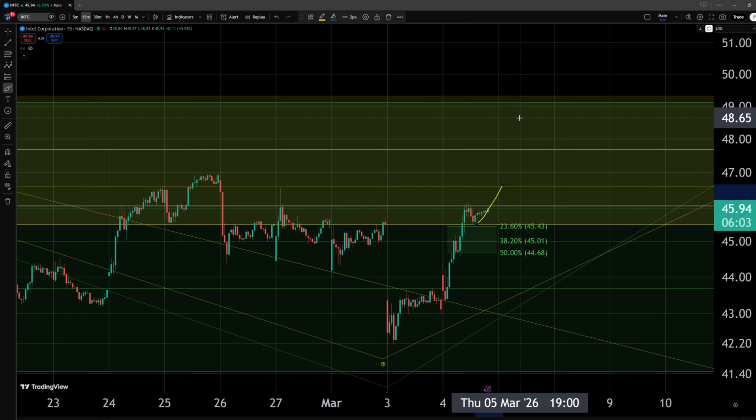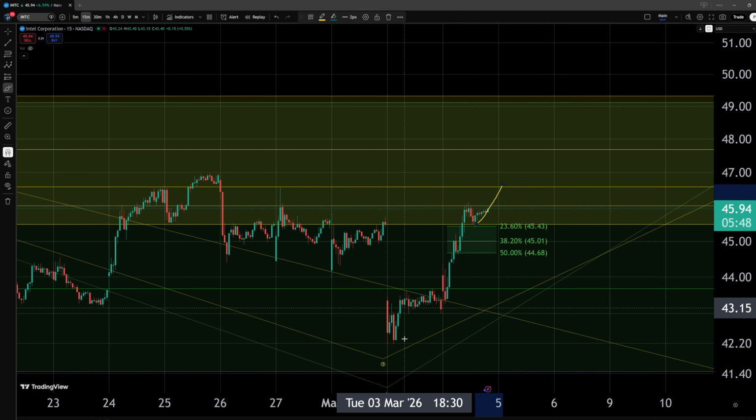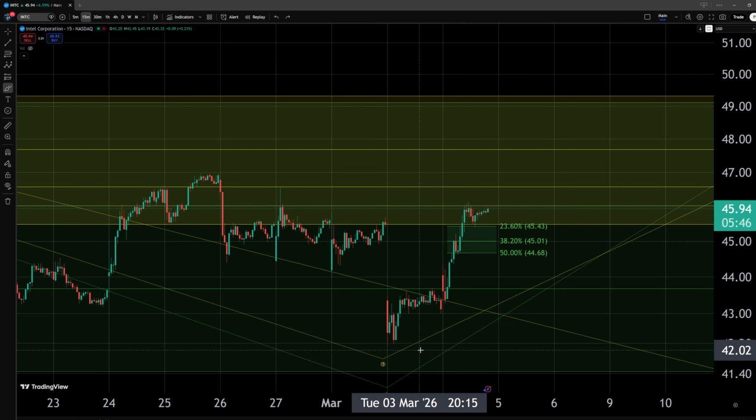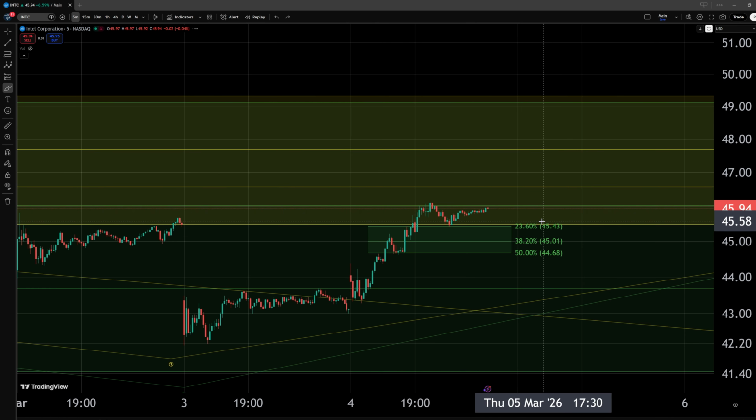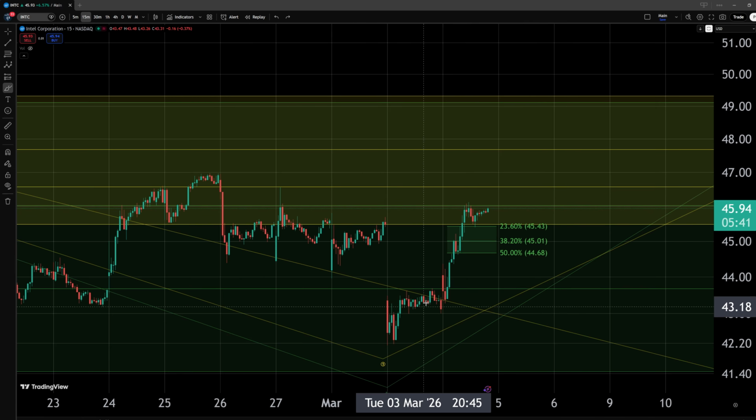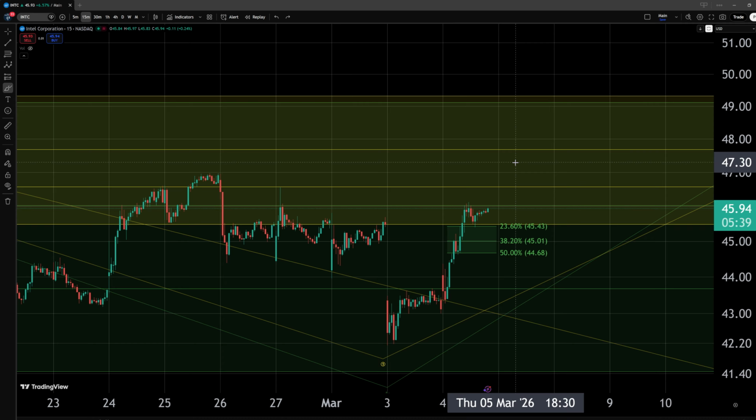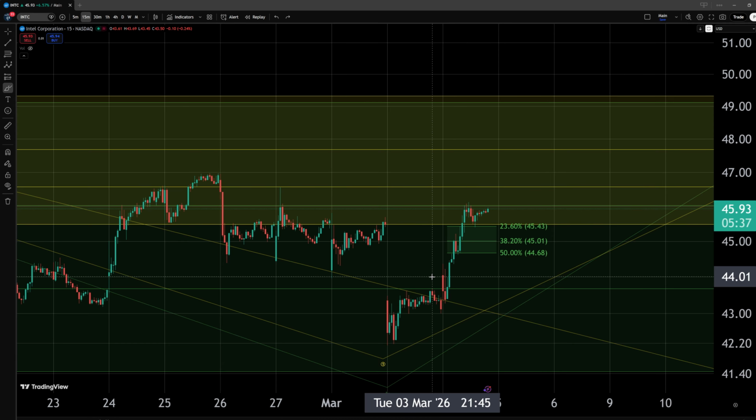And for now, sure, below the 50% retracement, the $44.7, we could be looking for something more bearish, but it's not an ultimate level. It's not something that wouldn't allow me to still look for this structure to extend higher. It would be something that wouldn't allow me to look for this to be a reliable impulse anymore, and that is about it.